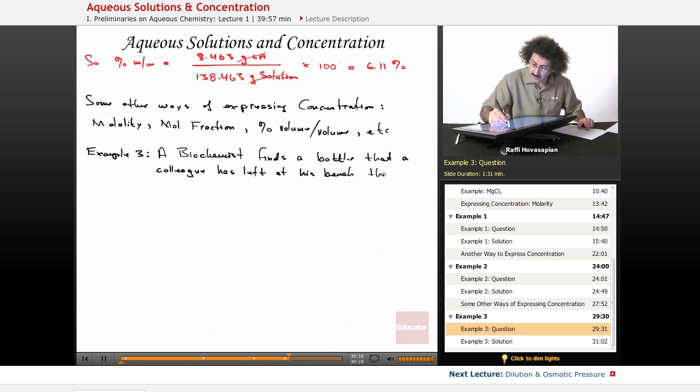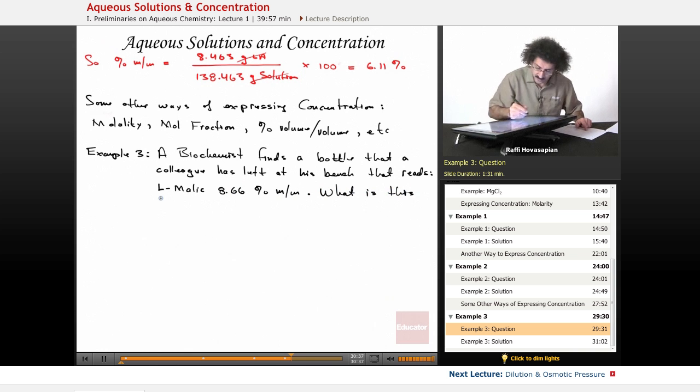That reads L-malic 8.66% m/m. Okay. What is this solution's molarity?